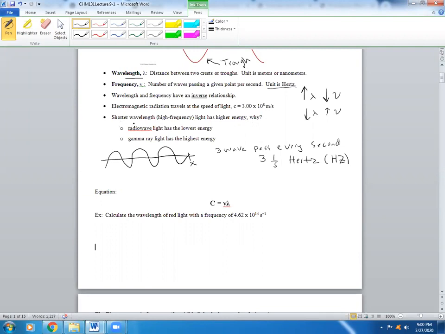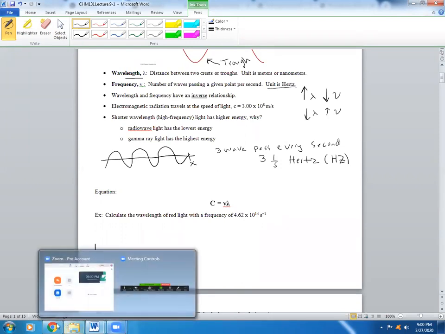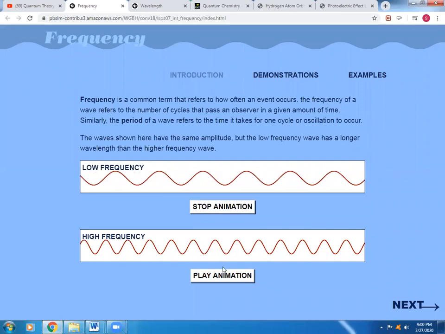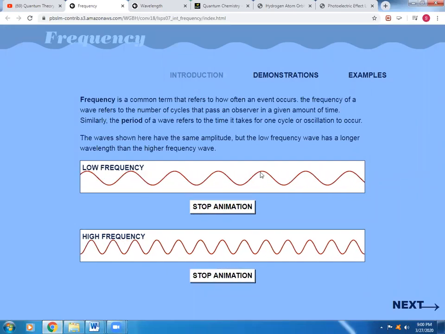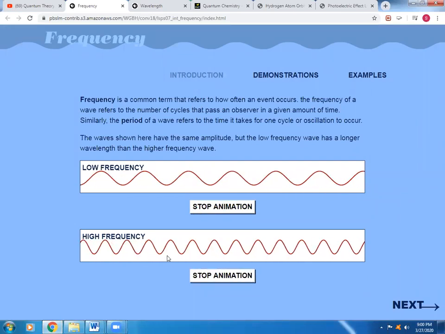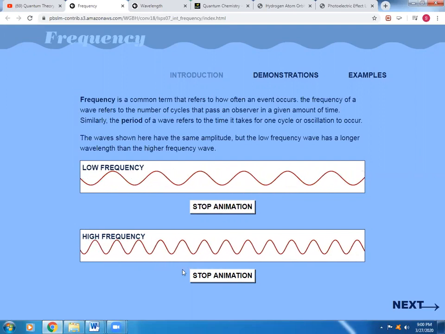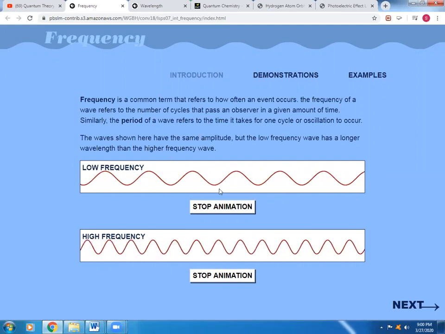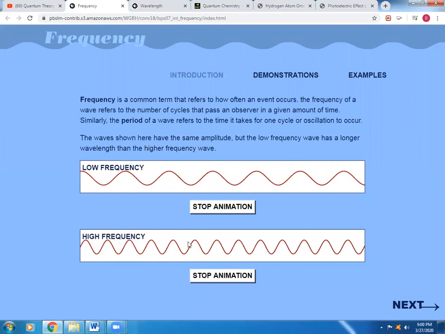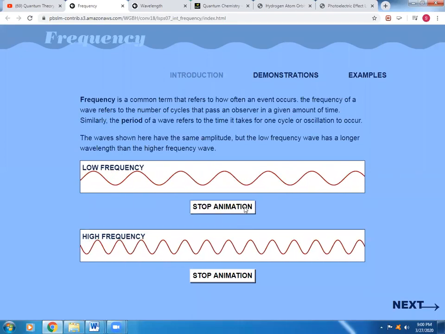So here's a question for you. Shorter wavelength, high frequency light has higher energy. Why? Well, if you go back here, if each wave carries 1 joule of energy, you know you're going to have more waves, and that corresponds to more energy. So again, more waves means more energy.